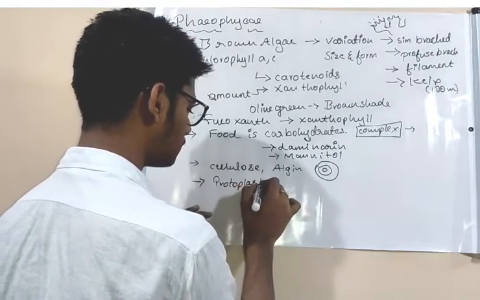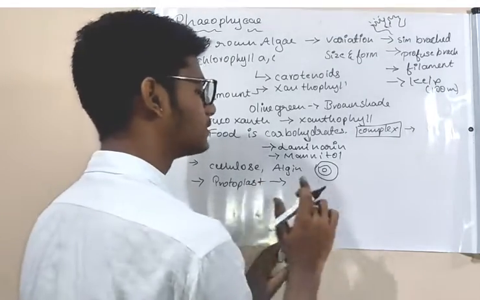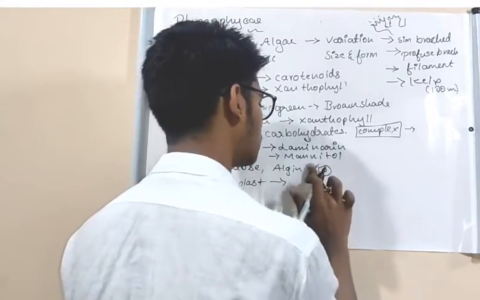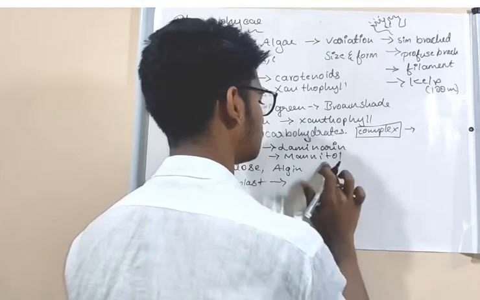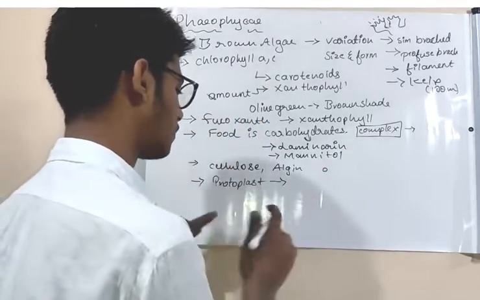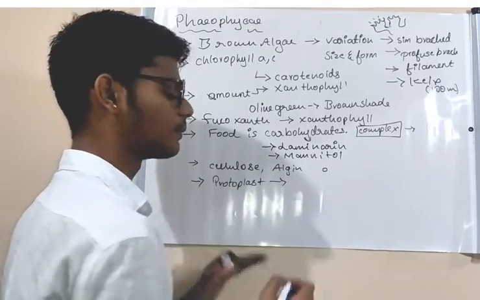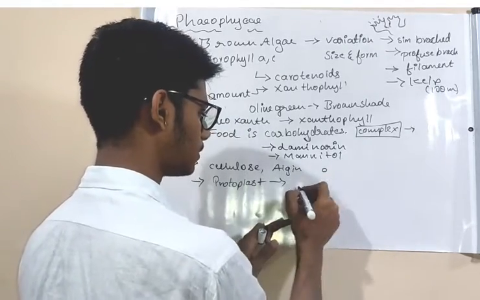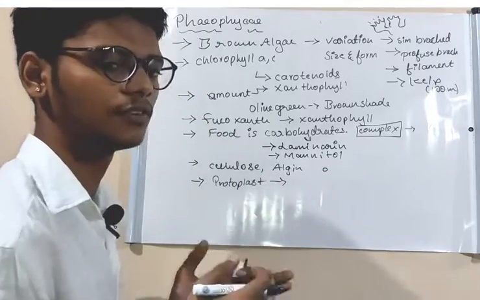Protoplast. When we say protoplast, it excludes the cell wall. If we remove the cell wall, the remaining inside part of the cell is called the protoplast. You can see the definition of protoplast if you don't know.